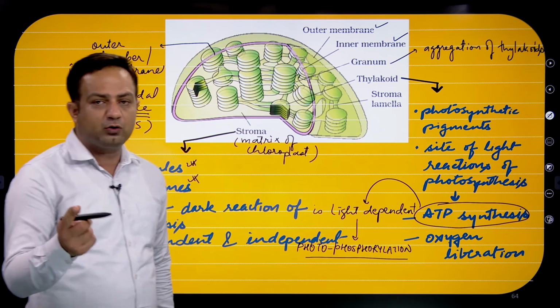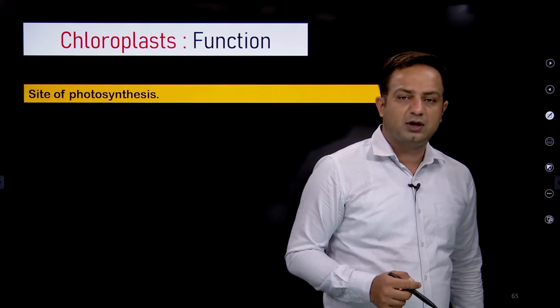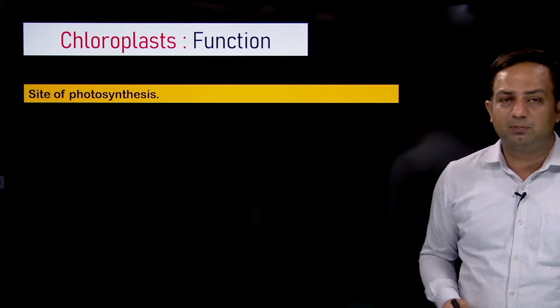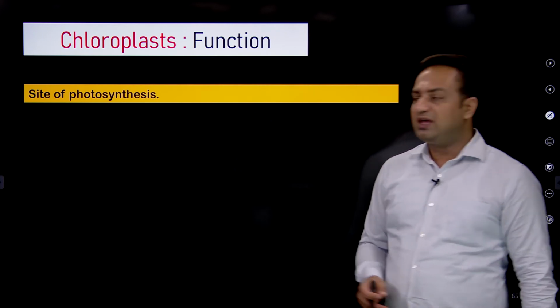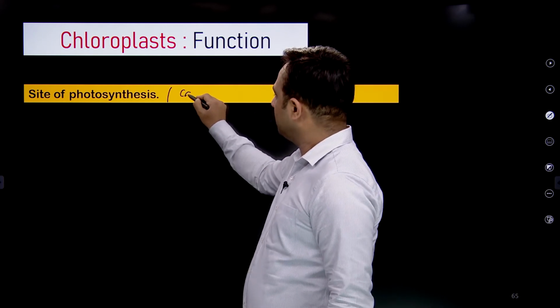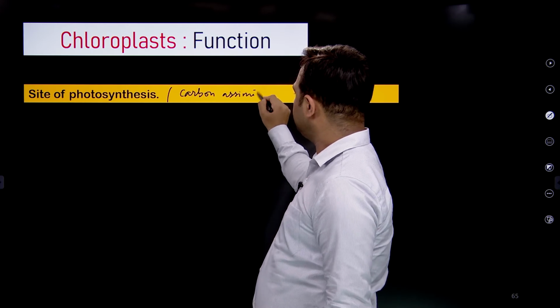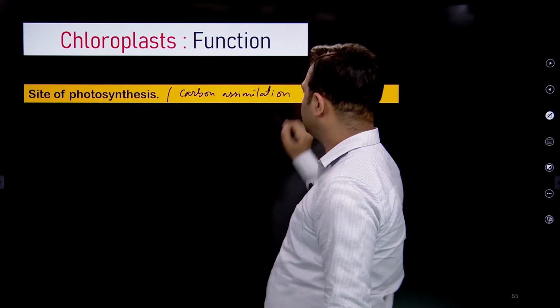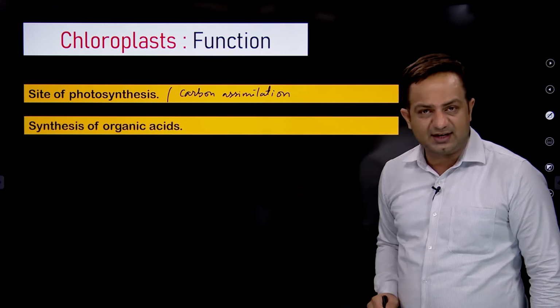But wait, before we go further about the chloroplast, we need to know about functions. What can the chloroplast perform? The chloroplast is the site of photosynthesis, meaning carbon assimilation. Next, the synthesis of organic acids.